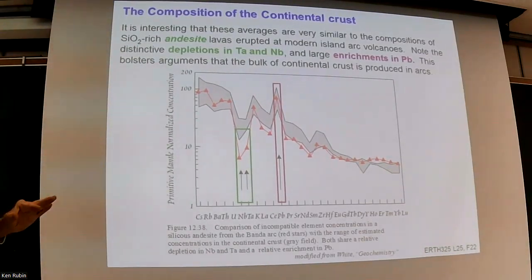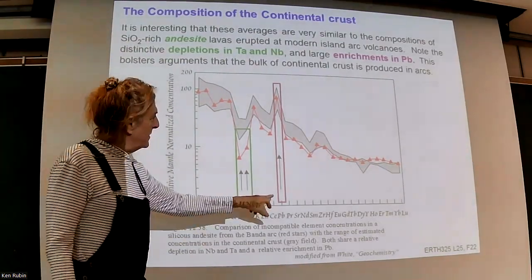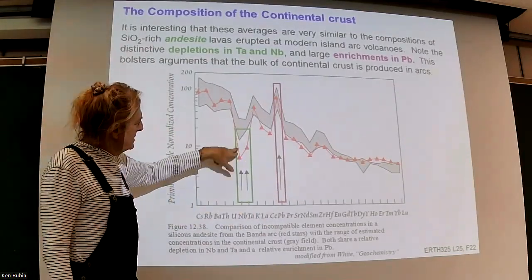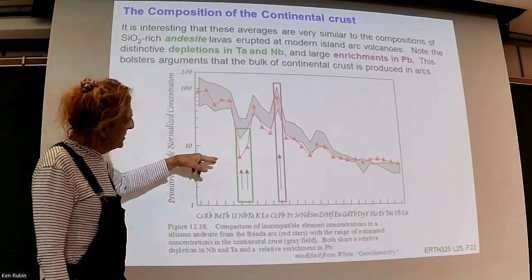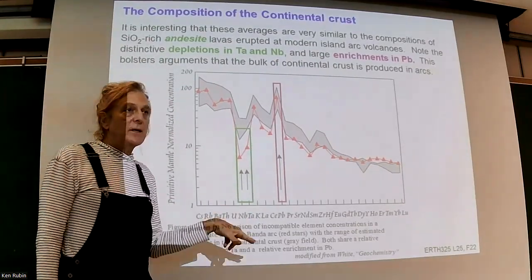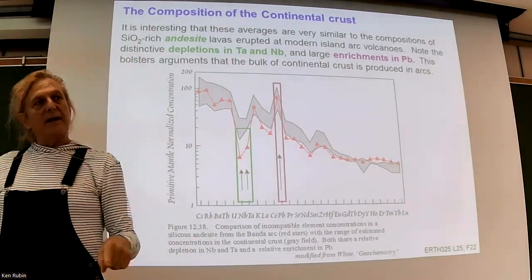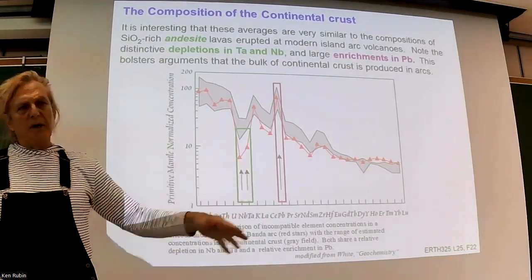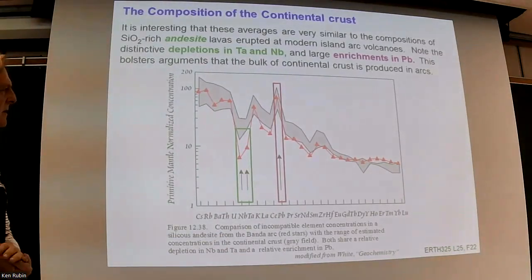Not exact, but pretty similar. But they've got these really interesting compositional anomalies, such as a big spike in lead and these depletions, in a relative sense, and again these are normalized concentrations, in niobium and tantalum. There's no other igneous province on the planet that has this kind of thing. Mid-ocean ridges, Hawaii, intercontinental volcanism.